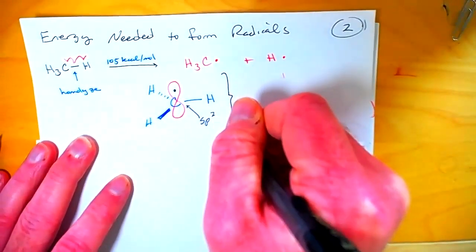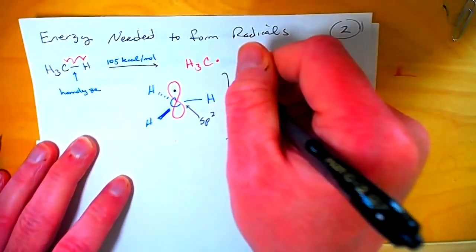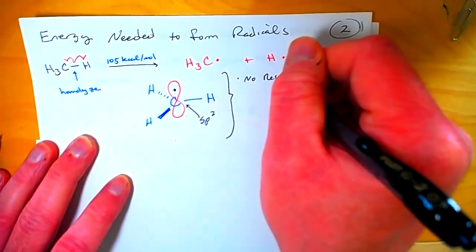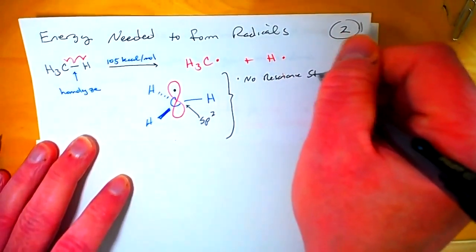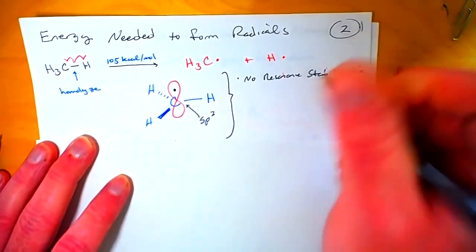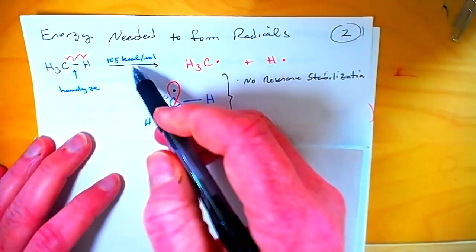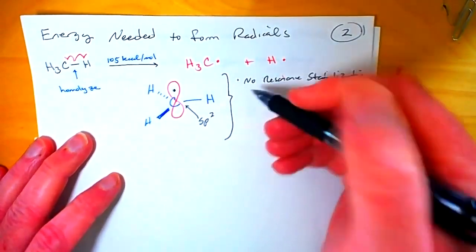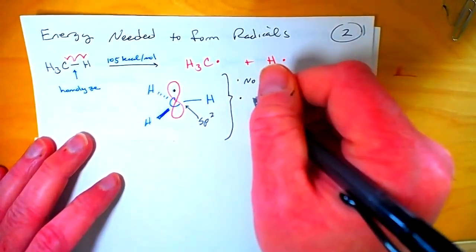And we would say that this carbon atom is sp2 hybridized. Now, some things I can say in particular about this species. Number one, there is no resonance stabilization. That's one of the reasons why this is a relatively high number, because that radical is pretty much centered on that carbon.